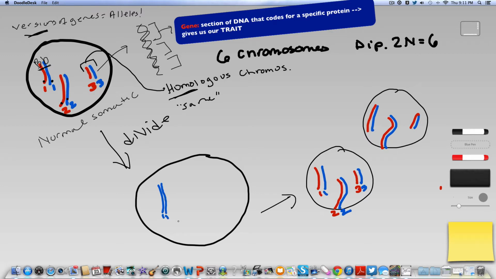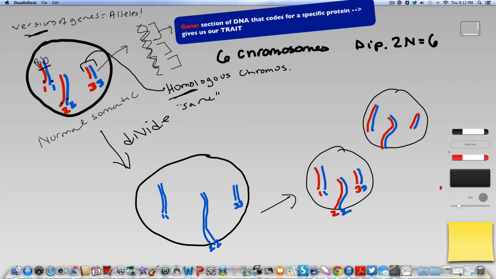So now we have two chromosomes number 1 from dad. And dad's chromosome number 2, the really, really long squiggly one, is going to replicate. So now we have two chromosome number 2s from dad. And our little teeny short one over here, the chromosome number 3 from dad, that one's going to replicate as well. So now we have two chromosome 3s from dad.